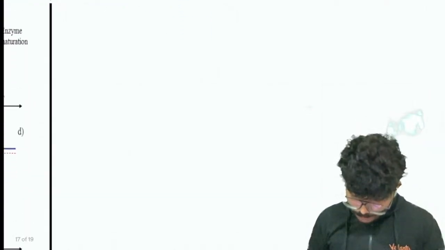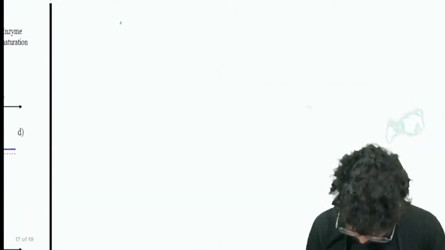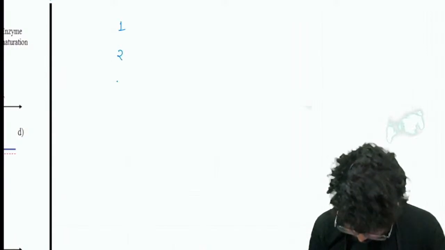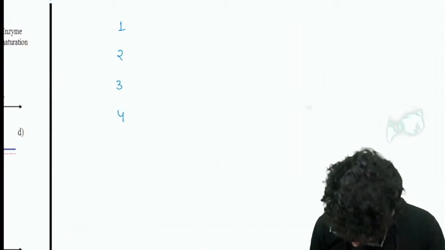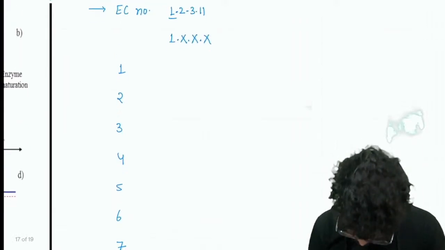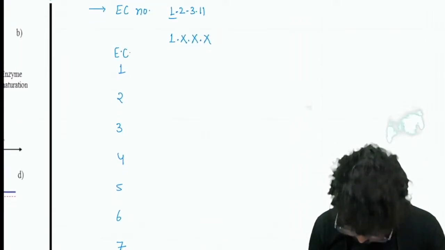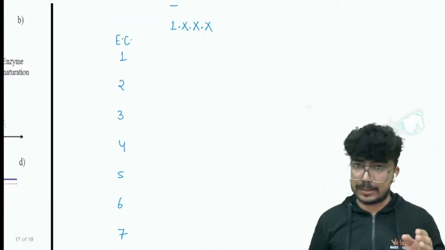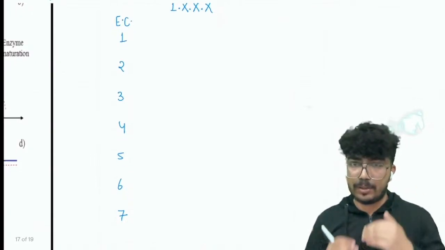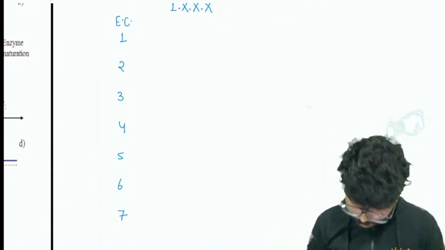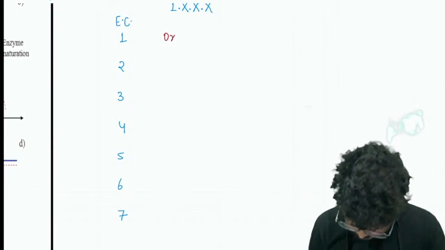So EC number 1, 2, 3, 4, 5, 6, 7. Now you will have to remember the sequence, 1, 2, 3, 4, 5, 6, 7. You cannot mess up the numbers. Correct. So now the first is the oxidoreductases.